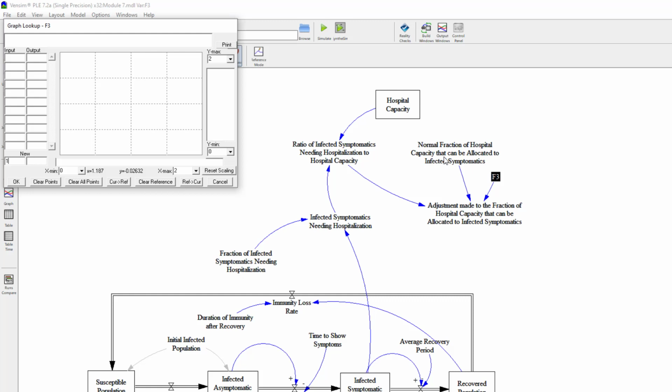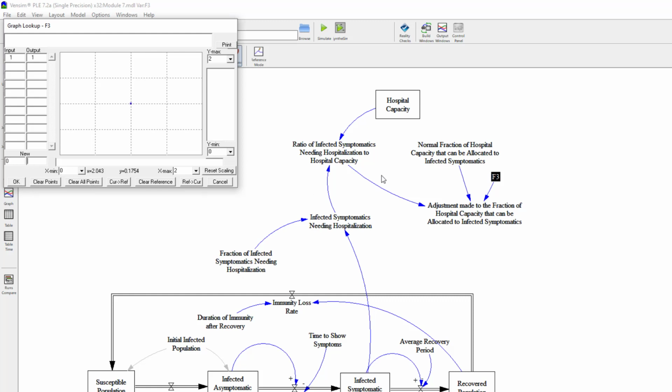Okay, so then we don't want to make any adjustment to the fraction of hospital capacity allocated to COVID-19 patients. So this multiplier would be 1 because we are multiplying this number to the normal fraction. Okay, so we can add these points by clicking enter.